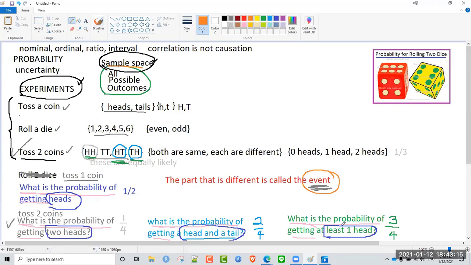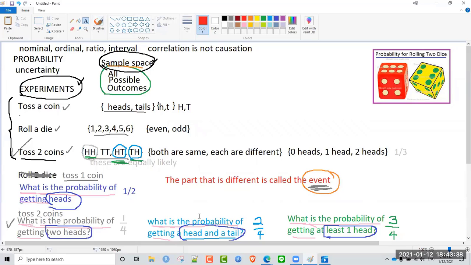And then the green one, what was that? That was this one, and this one. So in general, what can we say an event is in relationship to the sample space? It's a part of the sample space. Right.